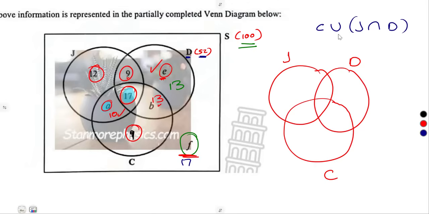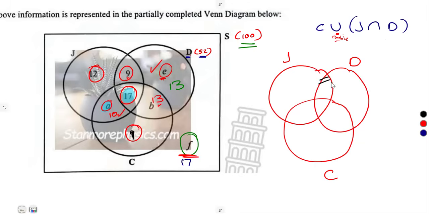So there is a union here. Union means combine. Remember, union, you combine. So first, start with these two. J intersection D, what does it mean? It is the intersection of J and D. This is our J. This is our D. So the intersection is here.